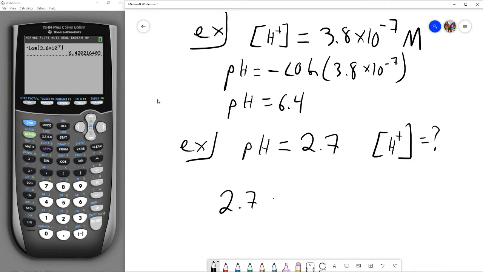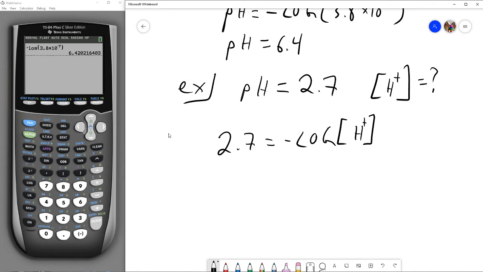So we have 2.7 is equal to negative log of our molarity of hydrogen. And now we have a nice simple logarithm equation that we can solve. So first I'm going to isolate the logarithm by multiplying both sides by -1. So I have negative 2.7 is equal to log of our molarity.